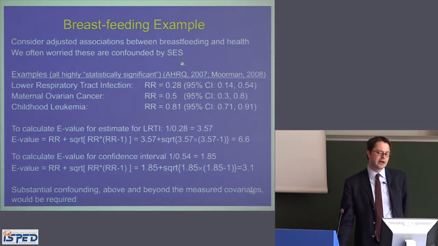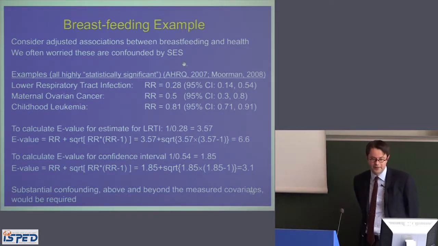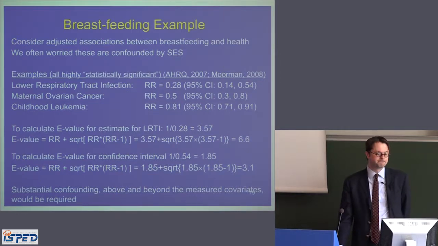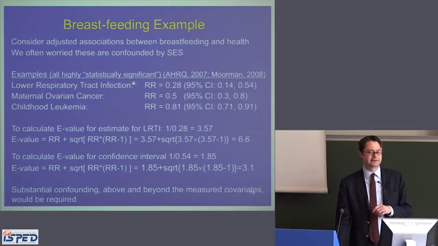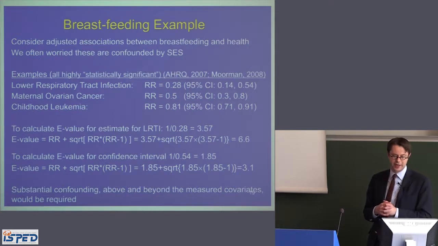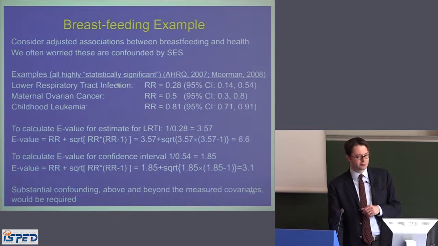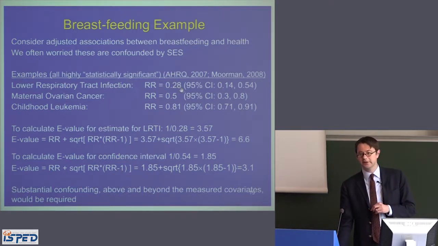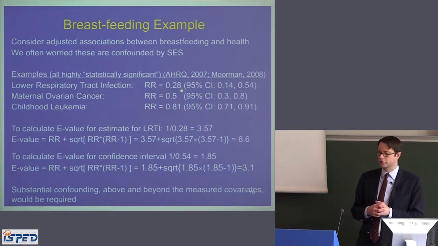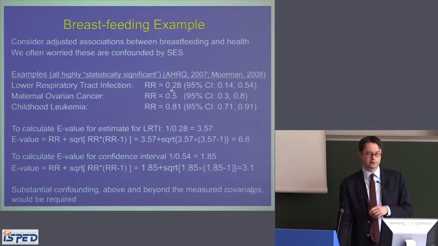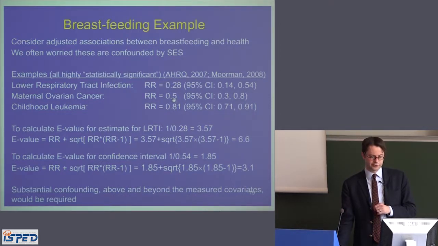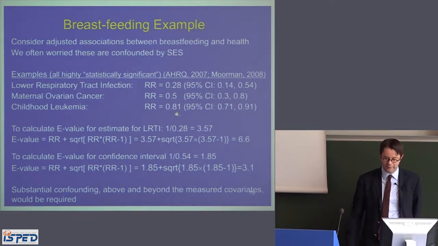These come from a report from the Agency for Healthcare Research and Quality that had summarized in 2007 the existing research on maternal breastfeeding and child and maternal health, and found that maternal breastfeeding was associated with considerably lower rates of lower respiratory tract infection for an infant, nearly 4-fold lower, risk ratio of 0.28, lower maternal ovarian cancer, risk ratio of 0.5, lower childhood leukemia, risk ratio of 0.81, confidence intervals all bounded away from 1 fairly substantially.